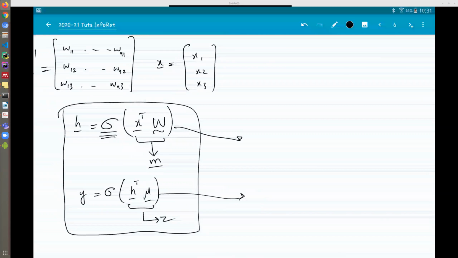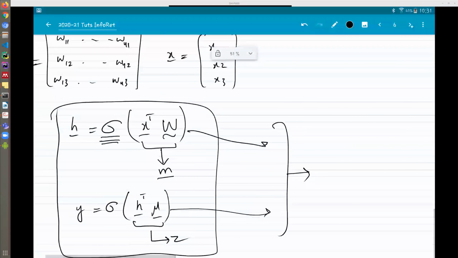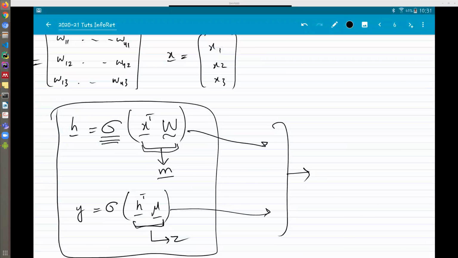We have two simple cases. For example, if we have x transpose u, its gradient with respect to x is equal to u, and similarly its gradient with respect to u is equal to x. You will find this if you search matrix calculus or vector calculus. I'm assuming you already know this.